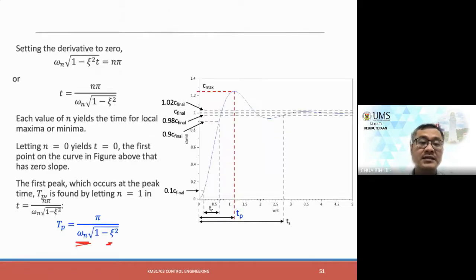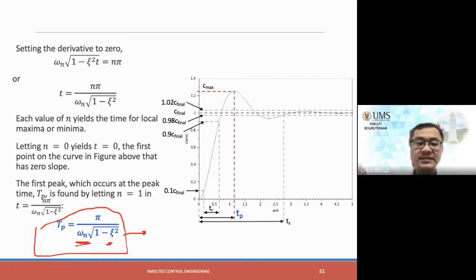And eventually you notice that the peak time can be estimated as such for a second order system. The peak time is equal to pi divided by omega n multiplied by the square root of 1 minus the damping ratio squared. So these equations would be very useful for you during the design, to estimate the peak time.